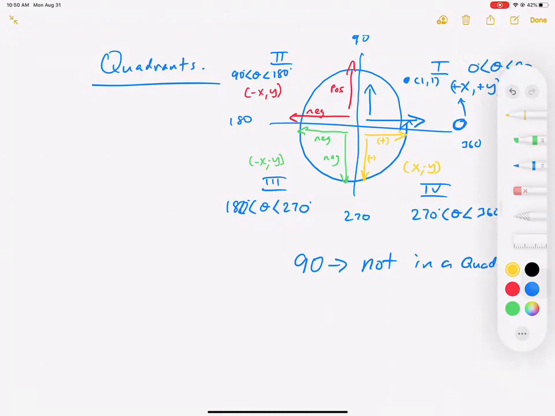So let's give you some examples here. If I ask you, what quadrant is the angle, let's say 79 degrees in? So where would 79 degrees fall? Quadrant 1, 2, 3, or 4?